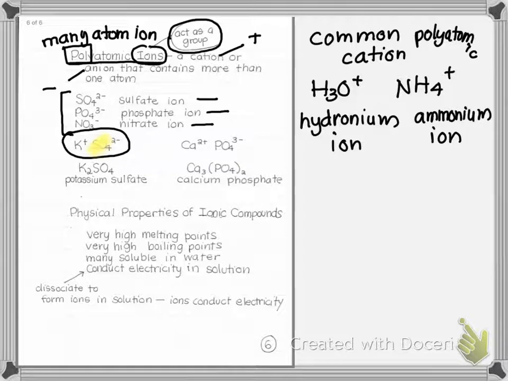So potassium, because sulfate has a 2, do you see down here I have K2, and then sulfate, the whole group, since potassium has a 1, I just have 1 sulfate. So it's SO4. And how I name it is like before, I just name the two things. So I have the metal potassium and then sulfate. So it's called potassium sulfate.